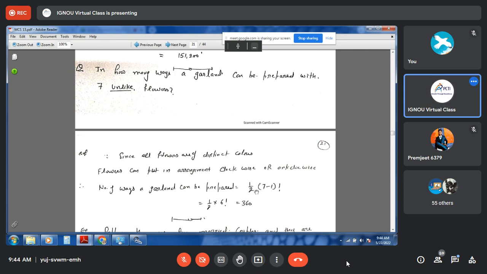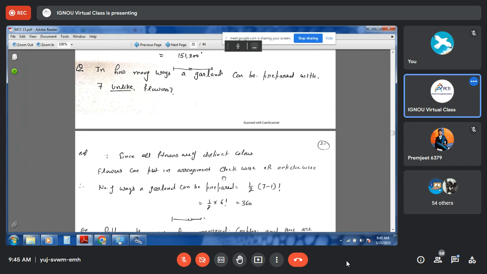Now I will explain. First of all, the 7 flowers are arranged in the circle. So the total number of arrangements is n minus 1, that is, 7 minus 1 factorial. Now see, if the shopkeeper is going to make the garland, he can make the garland clockwise, and the second option is anti-clockwise.